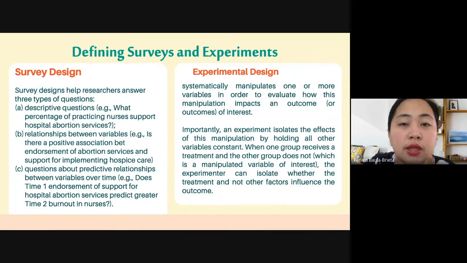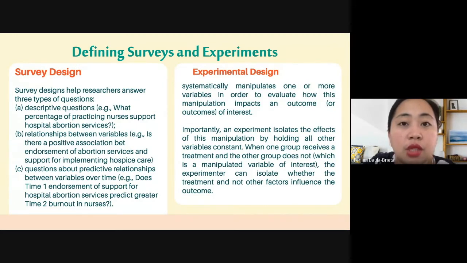Of course, it tends to ask the respondent to describe something in their practice or in their surrounding. An example is, what percentage of practicing nurses support hospital abortion services? So that's a type of descriptive questioning. The second type of question in survey design is on relationships between variables.